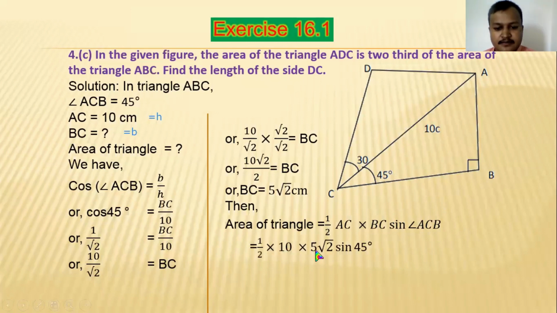AC is 10, BC is 5√2 and the angle between them is 45 degree. If we cancel this 2, 5 times 10 and 5 times 5, we get 25√2 into 1/√2, and √2 cancels. So the area of triangle ABC is 25 square centimeter.